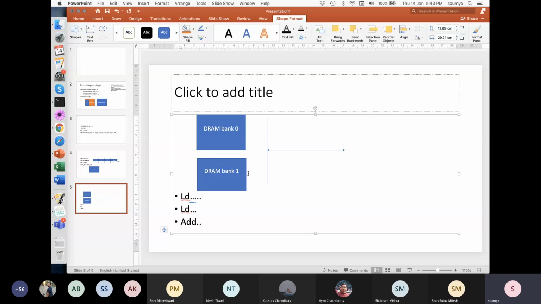What is the good thing? Then the add can go ahead. Suppose each of the loads takes 100 CPU cycles. Then two loads would take 200 CPU cycles, but that is not happening because you are issuing parallel requests.